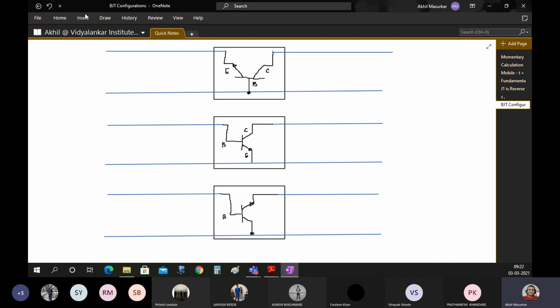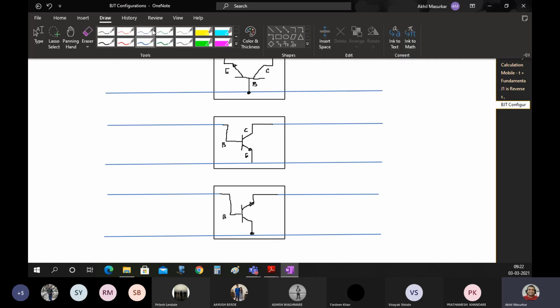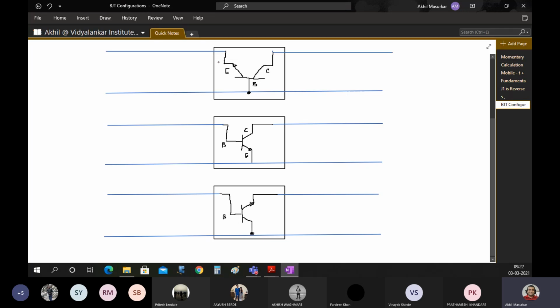So that is the underlying equation that we have, and you can show IE, which is like this. This is IE in the first case. So IC has to be in this direction, and IB will be like this, because IE is always equal to IC plus IB.